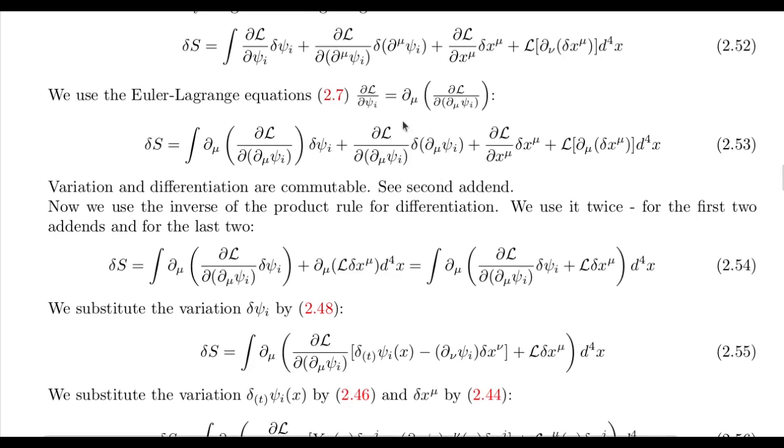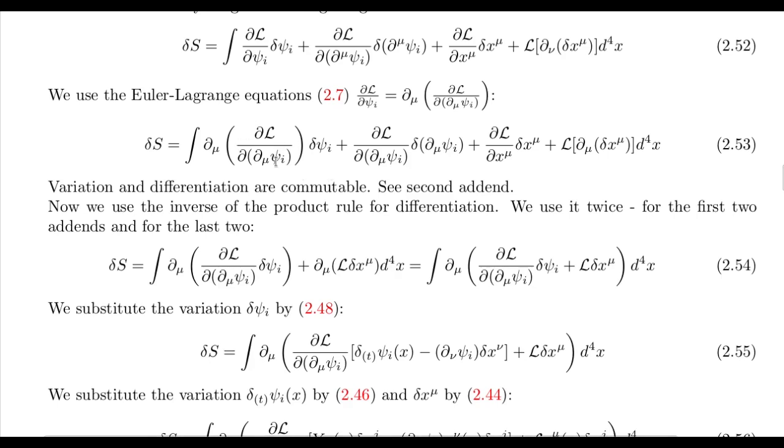Here in the second addend, instead of delta d mu psi, we can write d mu delta psi. And so we use the inverse of the product rule for differentiation.